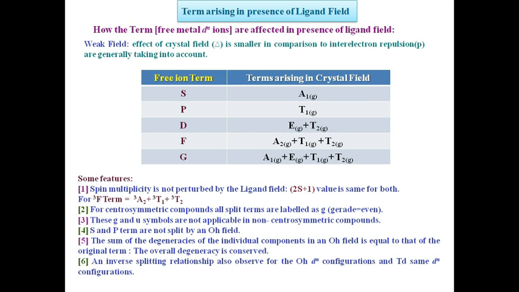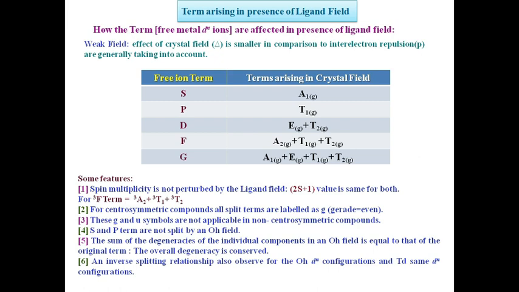Number two, for centrosymmetric compounds, all split terms are labeled as g. g means gerade. The use of g or u is not applicable in the case of non-centrosymmetric molecules.